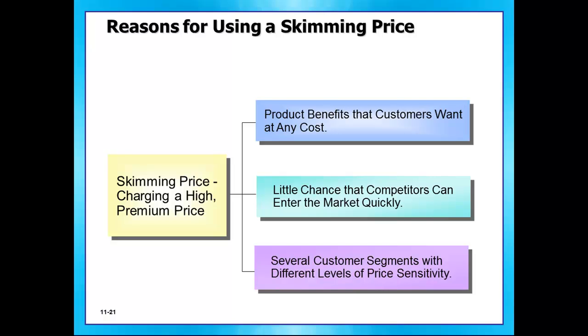For example, in the textbook market, oftentimes bookstores do have a monopoly type of situation, although that's changing with on-demand publishing, book rentals, and online booksellers. A third time that we see skimming pricing is when there are different customer segments that value the benefits of the product differently. And in this case, again, in the U.S. market, given the education system, we tend to see a skimming price strategy used for new textbooks.